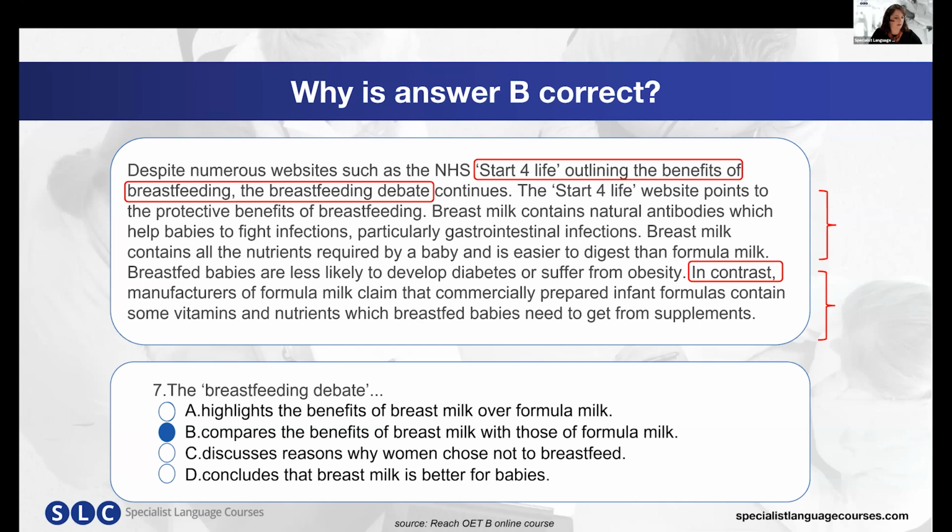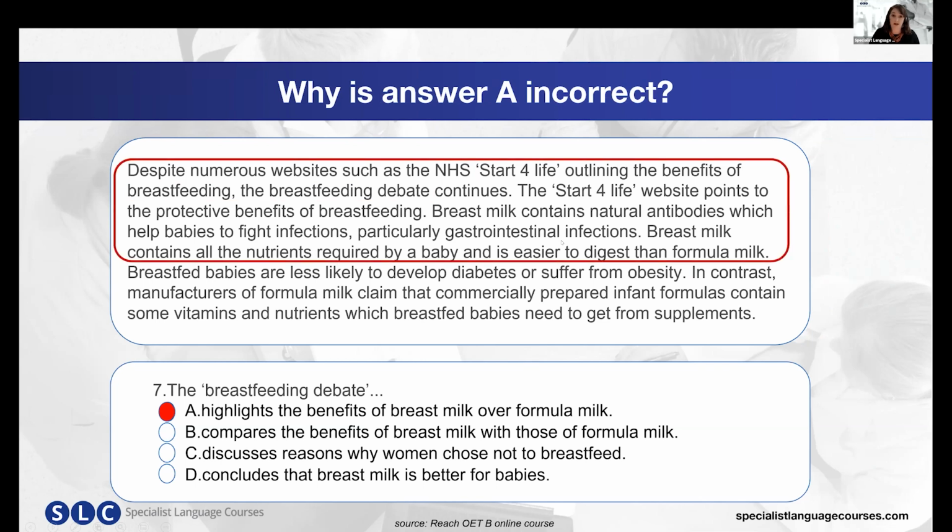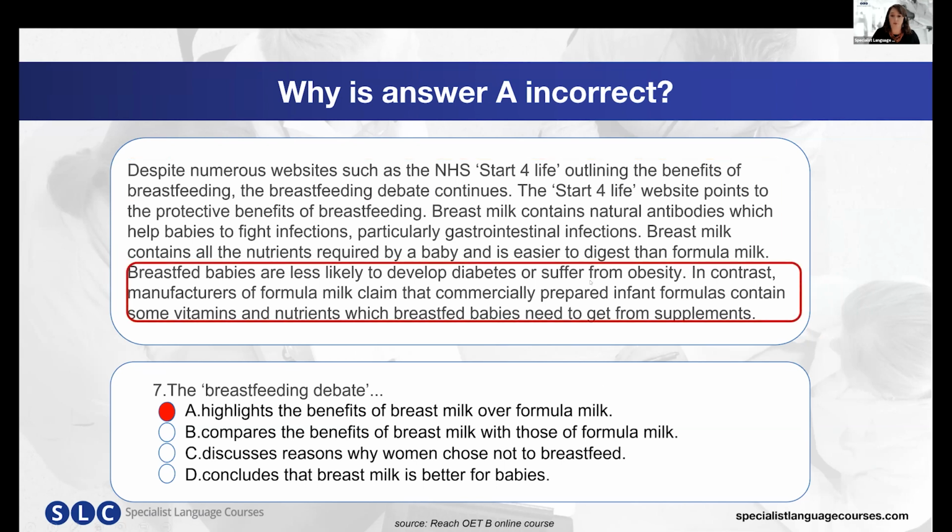So let's have a look at why the other answers are not correct. So in A, highlights the benefits of breast milk over formula milk. So it's suggesting here that breast milk is preferable to formula milk, which we've discovered is not the case. We have benefits of breast milk and we also have benefits of formula milk, but not one over the other.